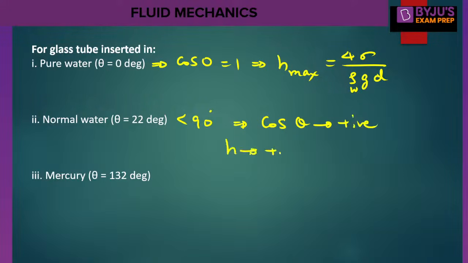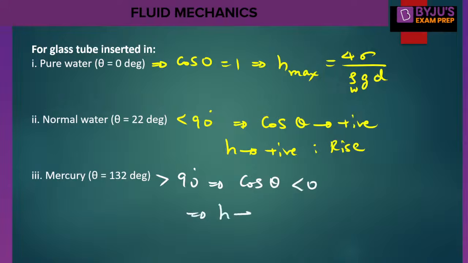So H is positive, so there will be capillary rise. For mercury, theta is 132 degree, greater than 90 degree, so cos theta will be negative. So H will be negative. So capillary fall. These are some of the results.